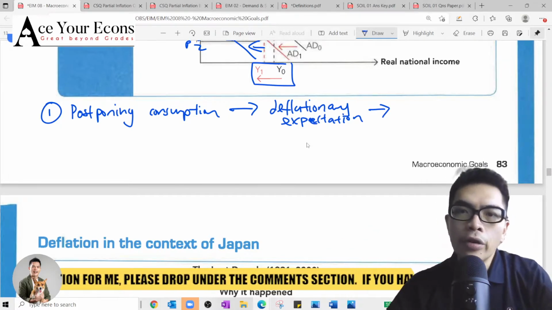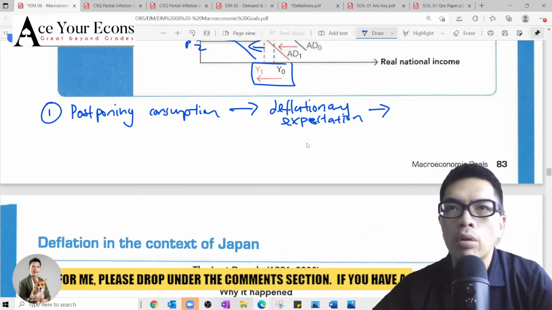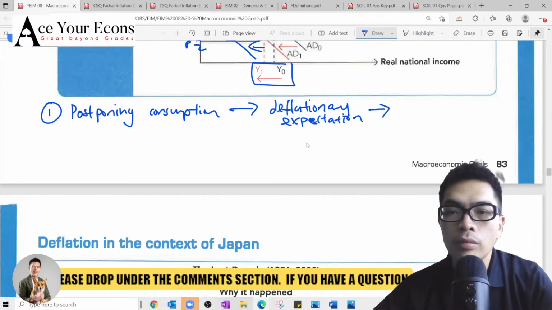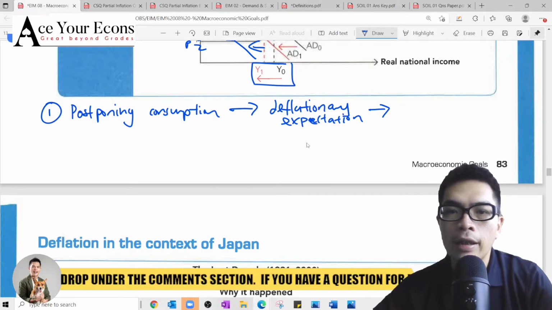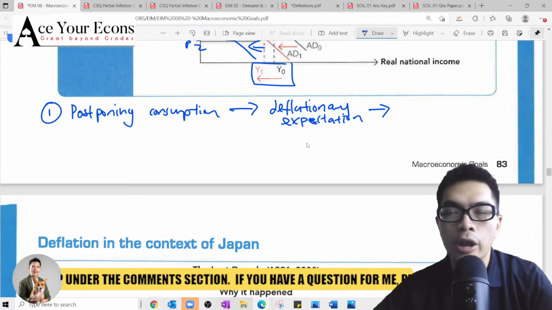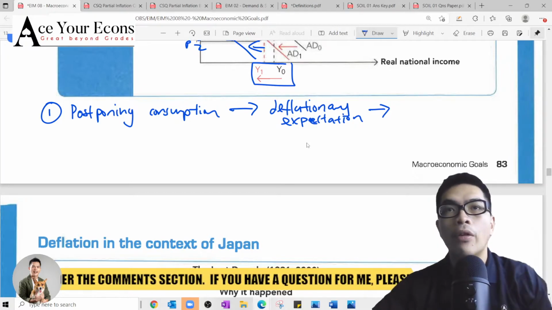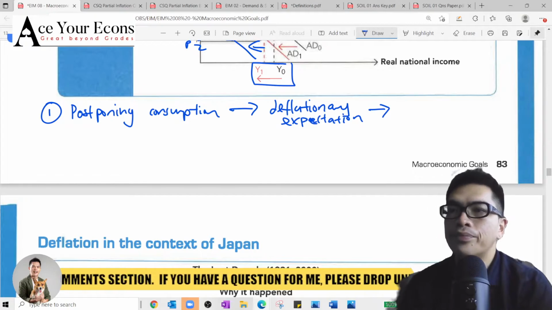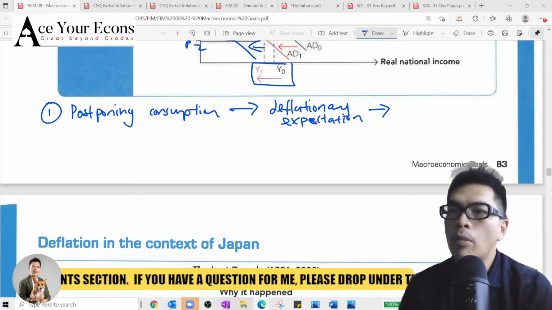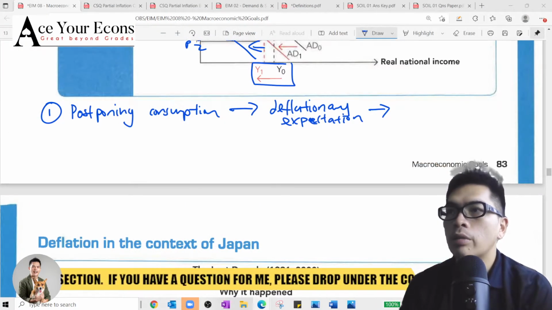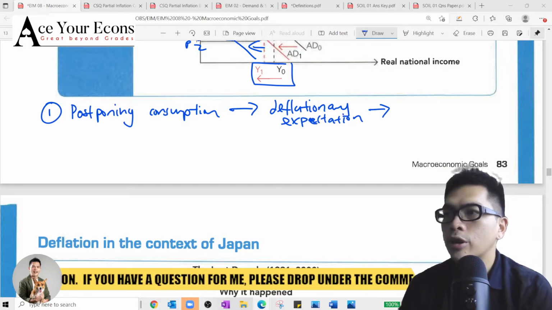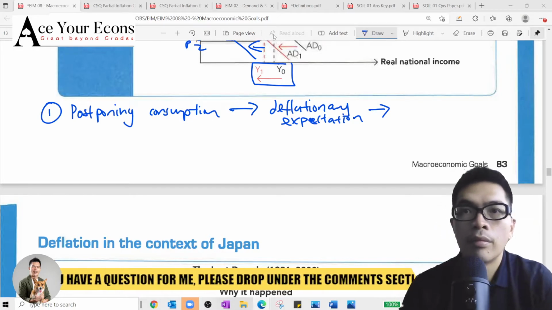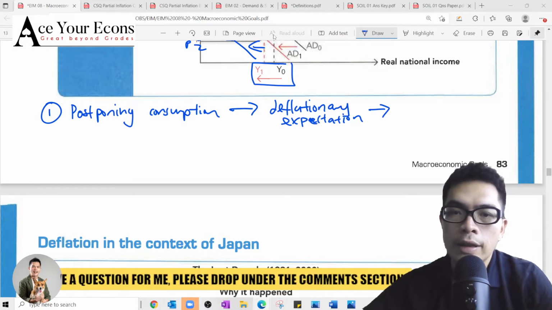So if everyone buys tomorrow, this is what we call postponing consumption. Now, from the firm's perspective, what is going to happen? Will firms be more profitable or less profitable when everyone starts to defer consumption? Less.